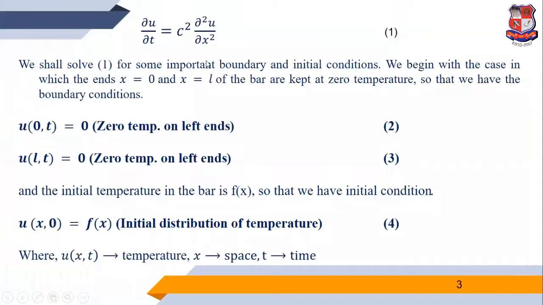The mathematical modeling of problem 1 we also discussed in the earlier lecture. Equation 1 is the one dimension heat equation, equations 2 and 3 are the boundary conditions, equation 4 is the initial condition. We solve equation 1 using the separable variable method. We apply the boundary conditions and initial condition.